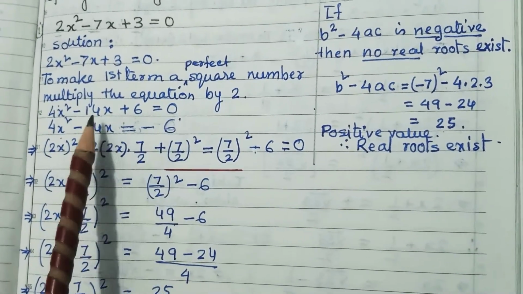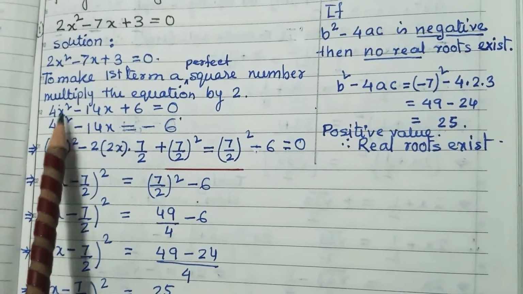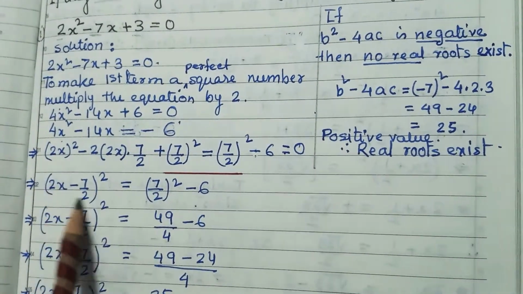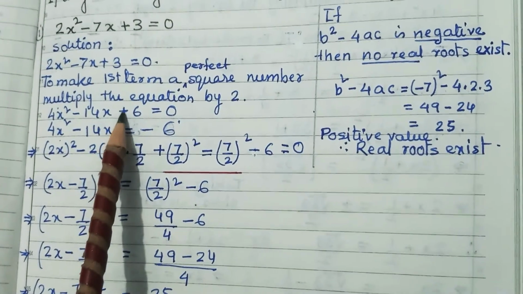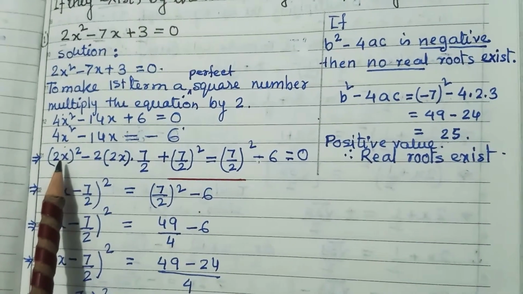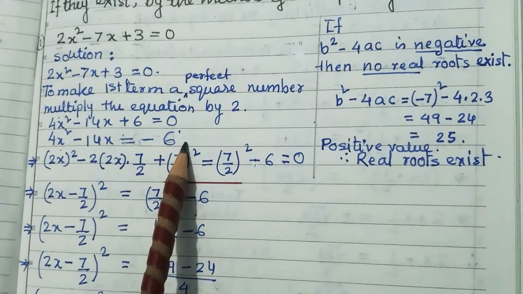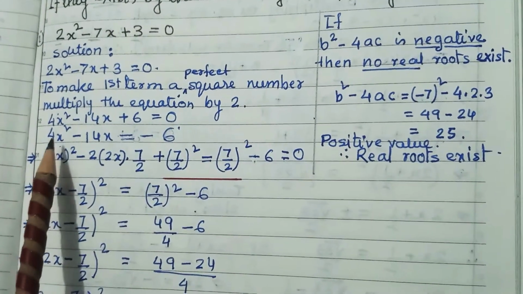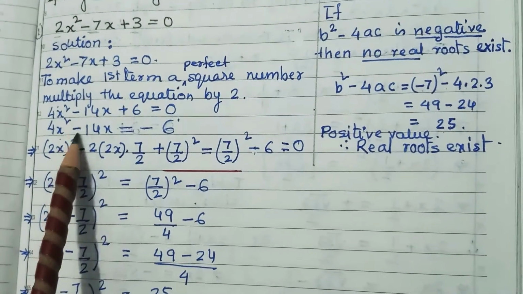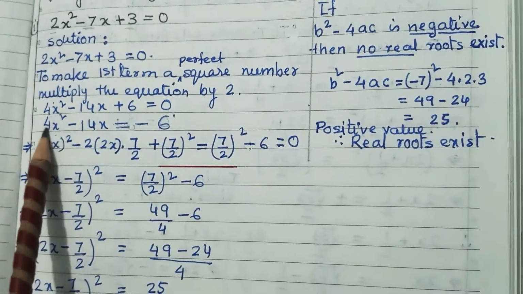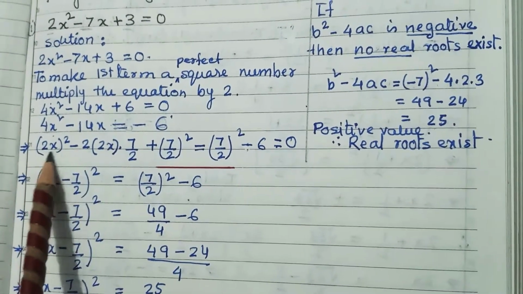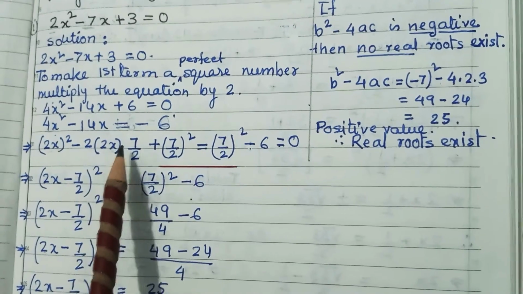Now you have to keep this on the left hand side. Completing the square means you have to make the left hand side a whole square form. For that, the number you shift to the right hand side, and the x part you keep on the left hand side. Now we change it into a minus b whole square, so it is 2x whole square minus 2 into a, which is 2x, into b.